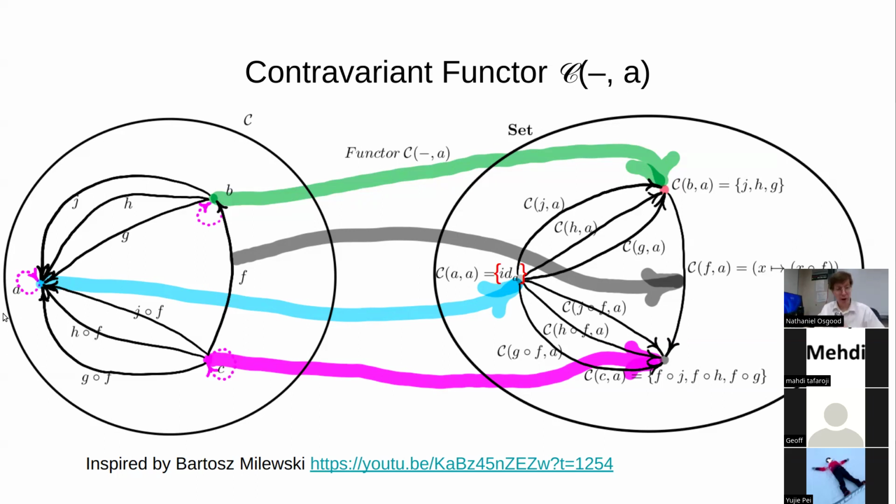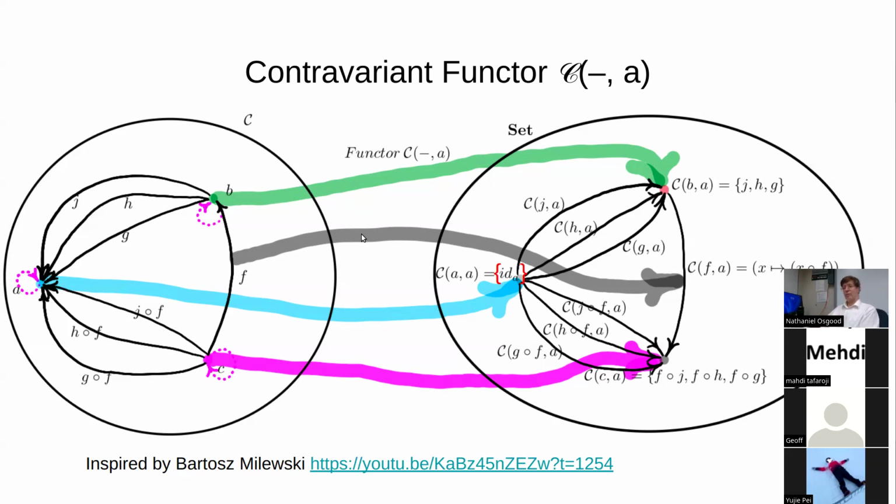I happen to have drawn it in the reverse way, where we have arrows from B to A. But the idea is that it's the dual, so we have the reverse view of the world.